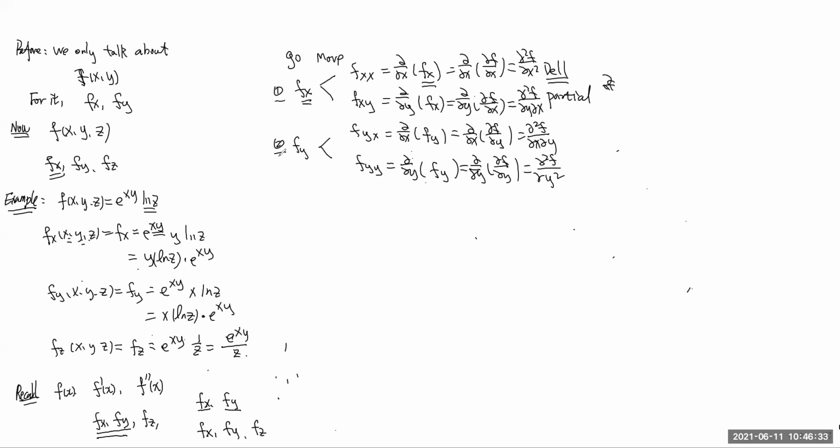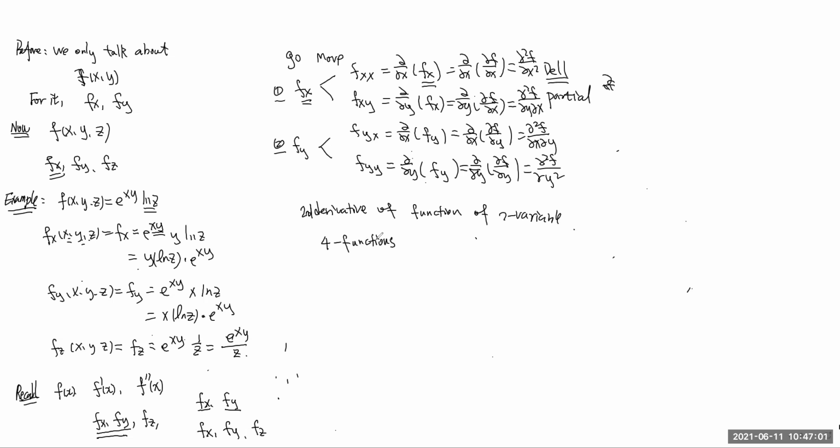So this is the second derivative of a function of two variables. We got four functions, right? For a function of one variable, we only get one, but now here we have four.